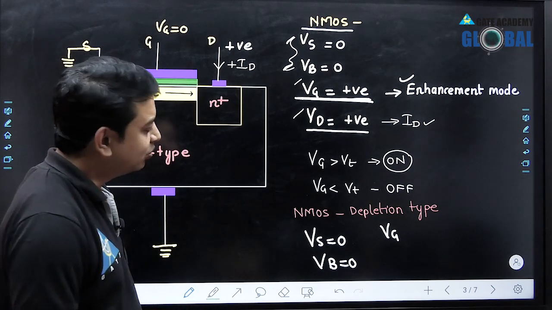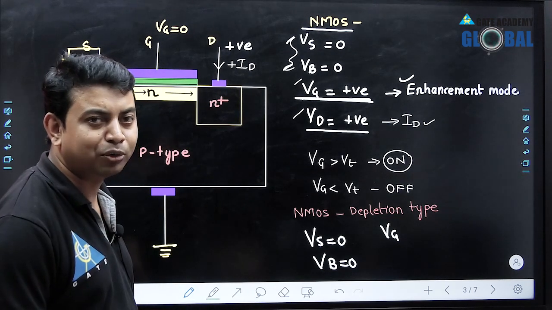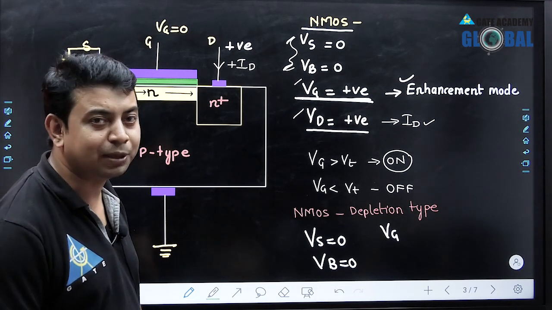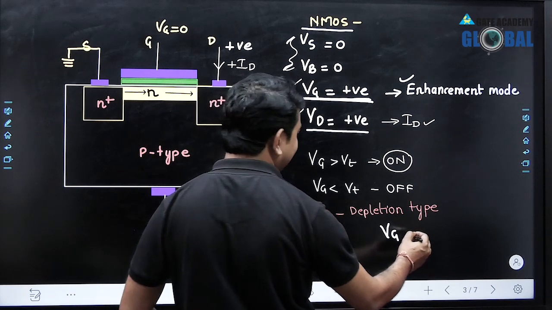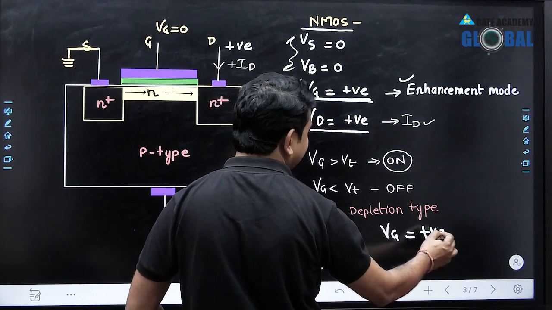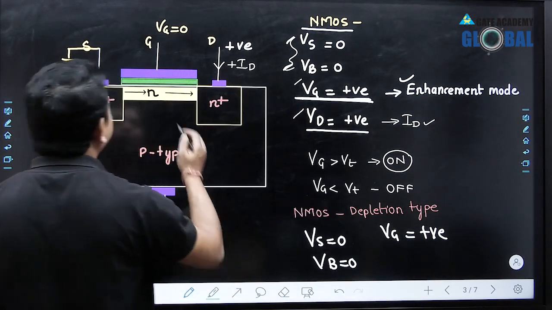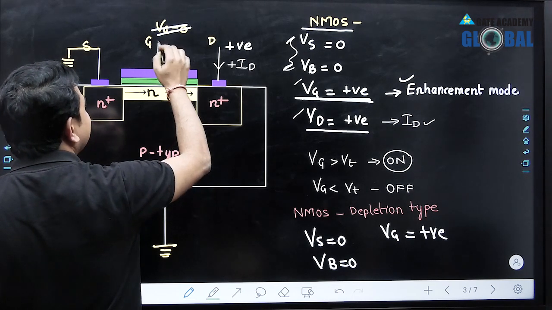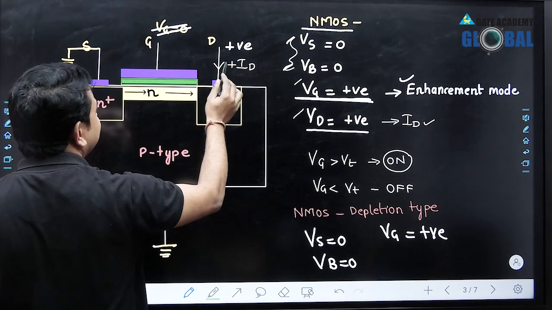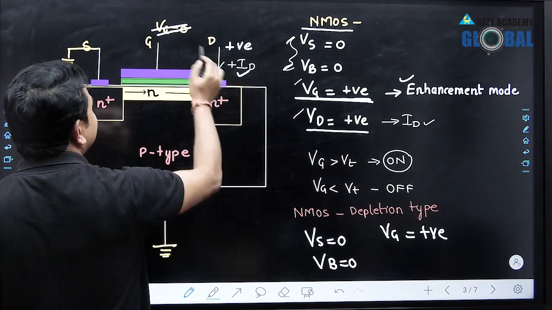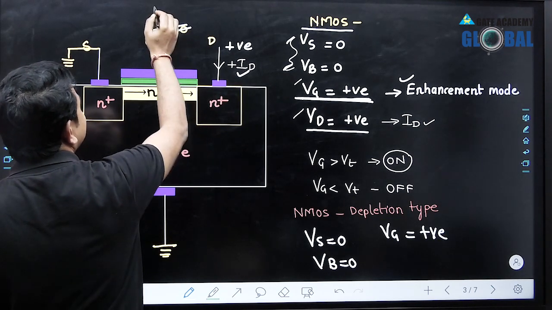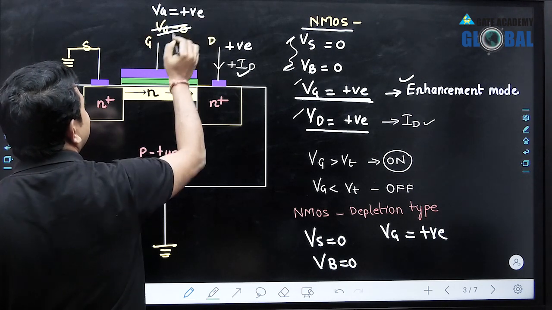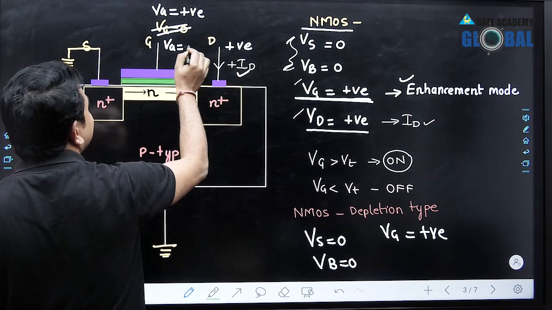Now tell me, what is your choice of polarity to apply at the gate terminal? Sir, I want to apply a positive voltage at the gate terminal in depletion mode. Even without applying any potential at the gate terminal, we can get the current. But in addition to this, we can apply the gate terminal voltage positive, or we can apply it negative.